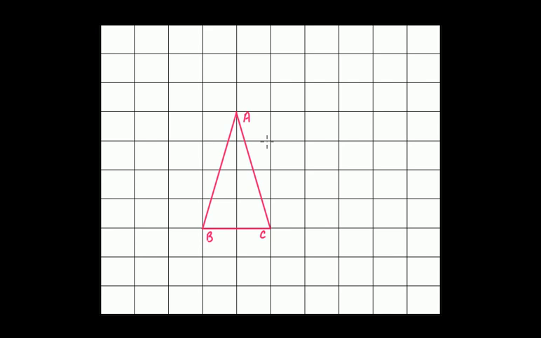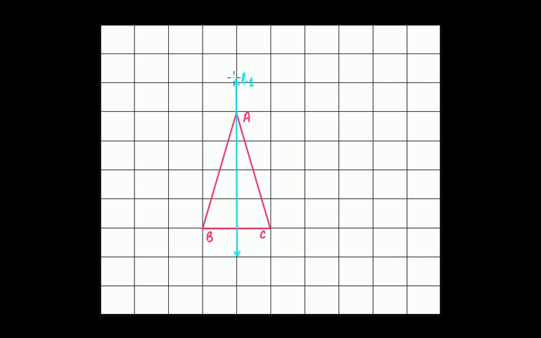Therefore, if we pass a line from this vertex that exactly passes through the midpoint of the opposite edge, then this triangle will be divided into two equal halves in a way that each half is a mirror image of the other.